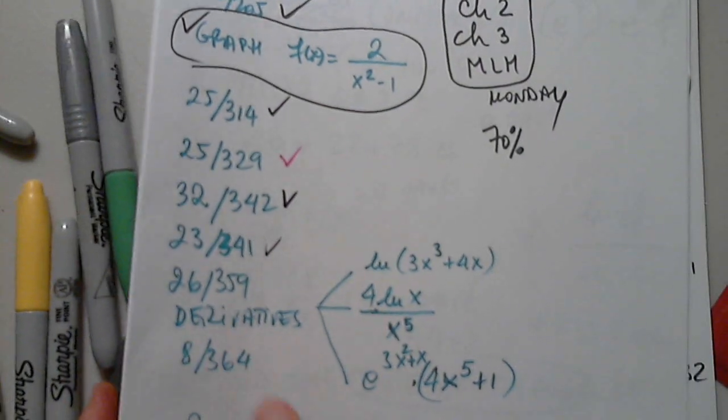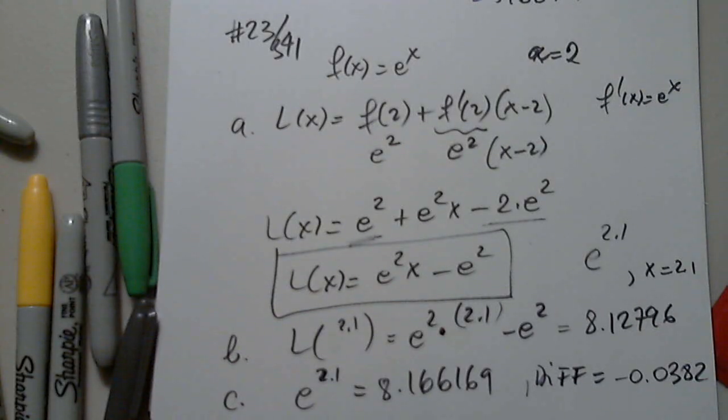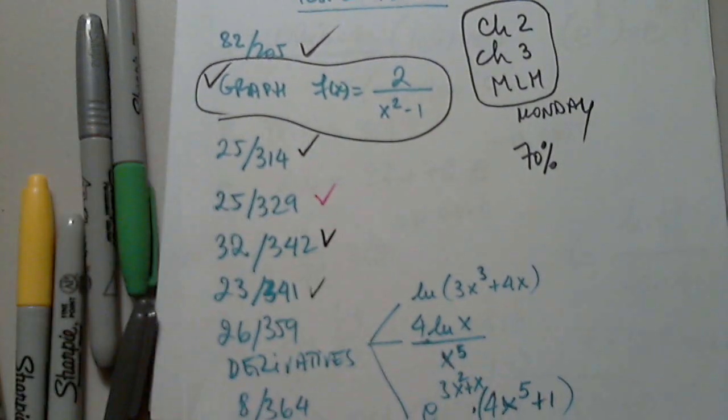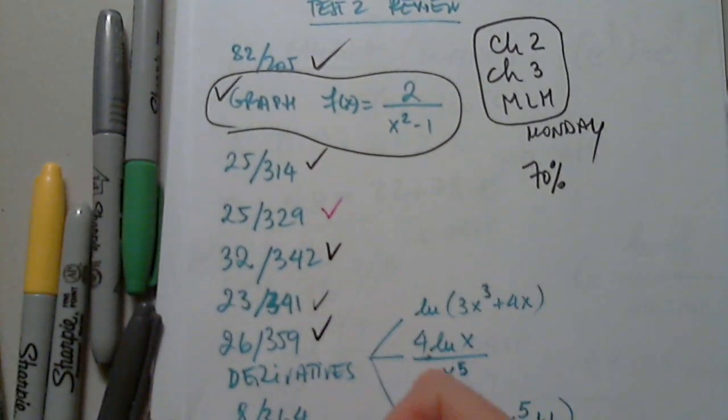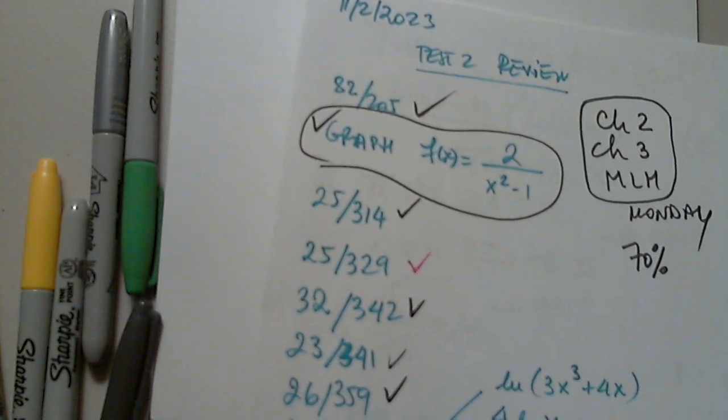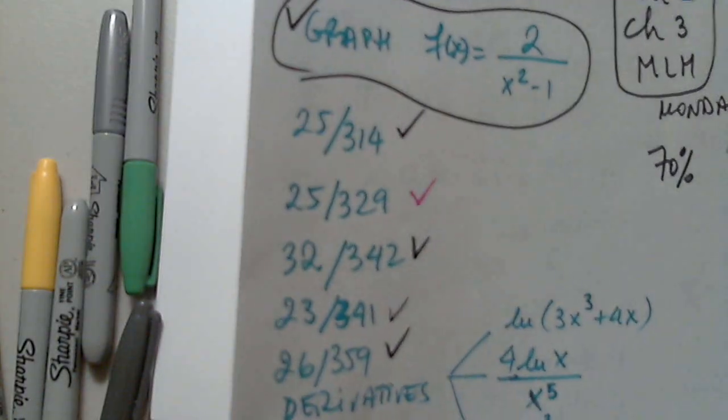Next, 26 on 359. Let's look at 26. Okay, we did many examples last time. Let's do this one as well. And I'm on page 8.